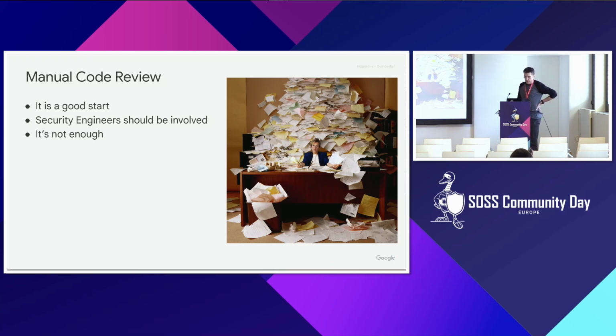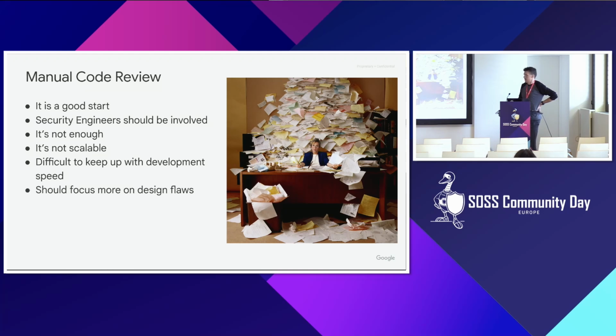Manual code review is not enough, but it's a good start, as I said. It doesn't scale, because the development speed is high and we cannot keep up with that. But we can use it, for instance, to detect design flaws instead of trying to find coding issues. It might be a more productive way to use it. And nevertheless, there is also human error, right?